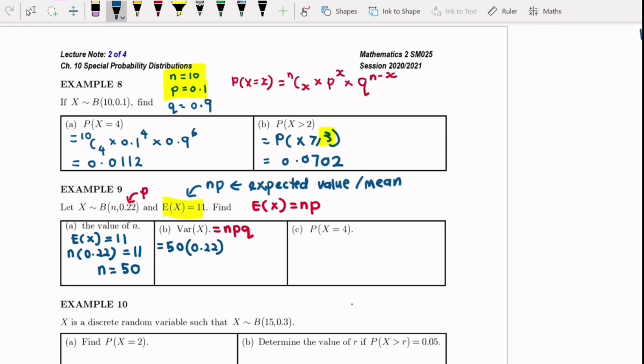Next, to find q, q is equal to 1 minus p. So, 1 minus 0.22 is 0.78. To find variance, just multiply 50 by 0.22 and 0.78. Then we'll get 8.58.